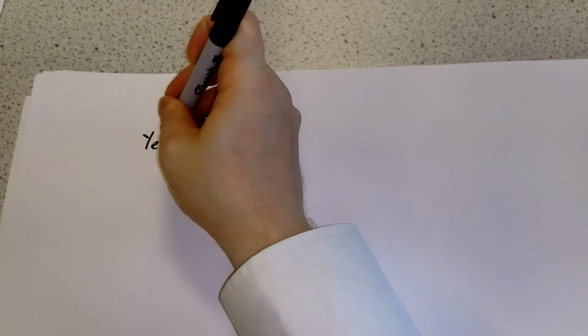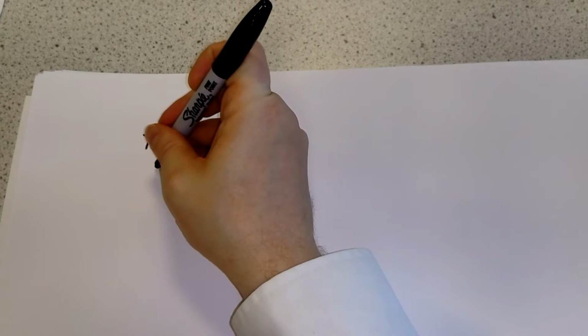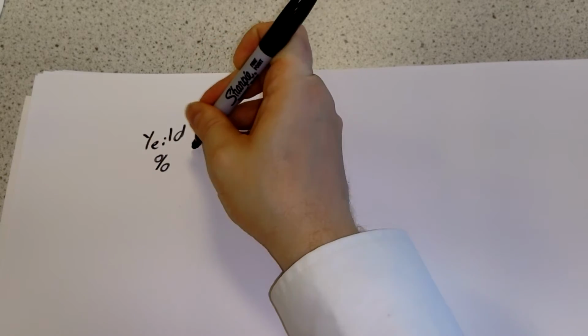So when we look at calculating chemical yield, the yield is just given as a percentage.